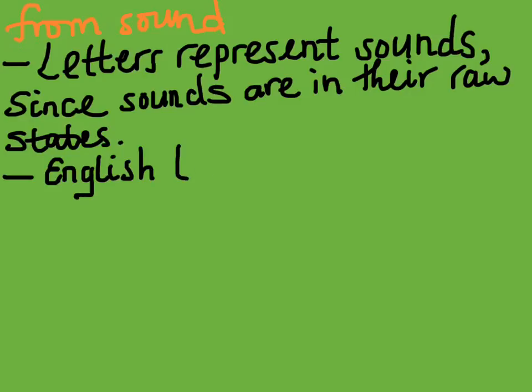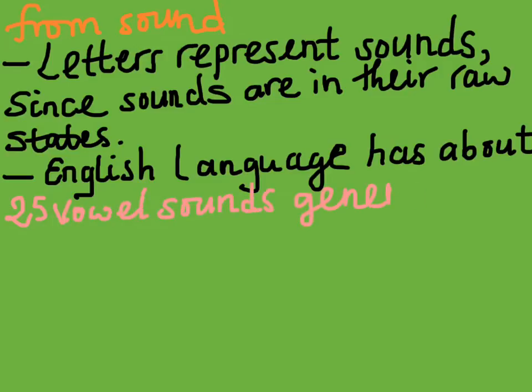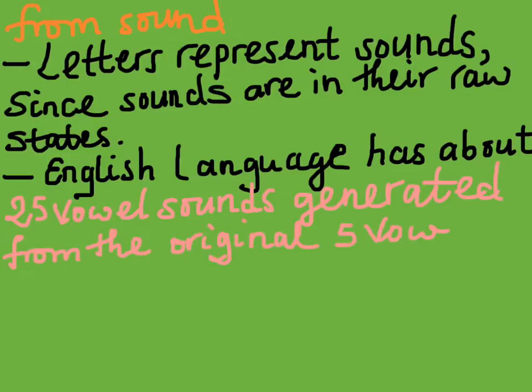Again, the English language has numerous peculiarities. In terms of raw sounds, the 5 original vowel sounds or letters which we know can produce 25 vowel sounds, depending on how they could be combined.